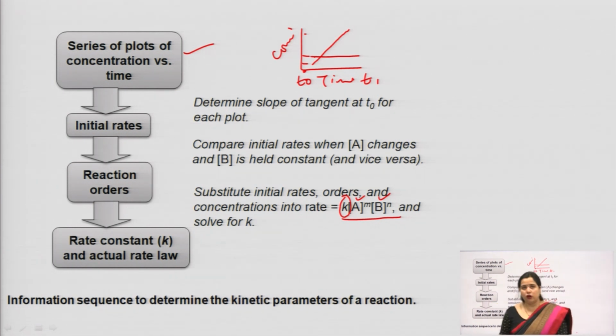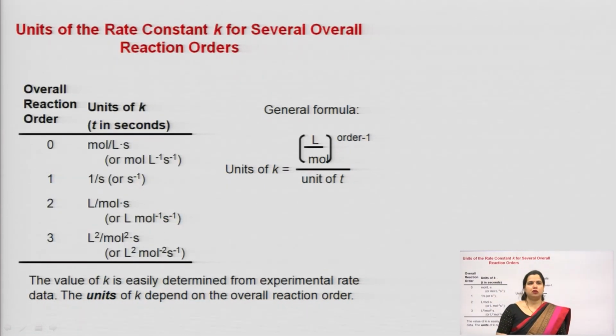Finally, in order to analyze the rate constant, we follow different parameters to be measured. So, units of the rate constant k for several overall reaction orders. What are the basic units? Overall reaction order, like we have said, zero order, first order, second order and third order.